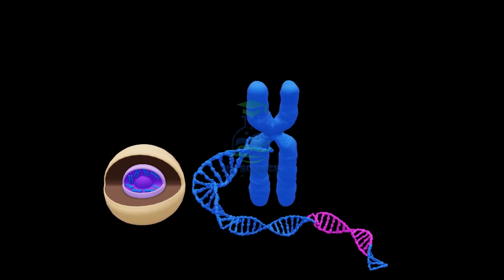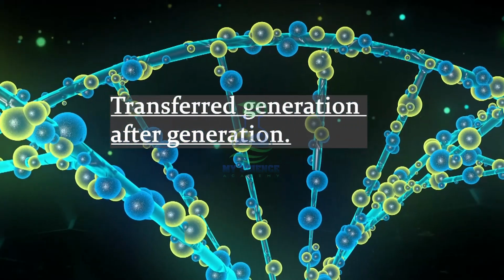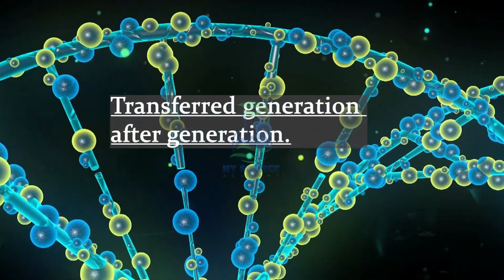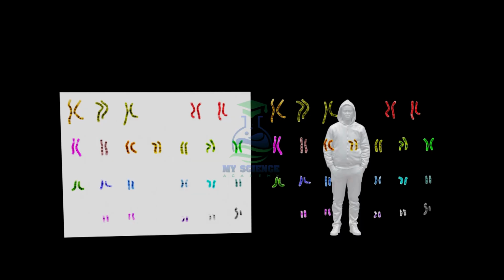All the information necessary for cellular activities is carried on the chromosomes in the form of genes. Genes containing this information are transferred generation after generation. The number of chromosomes remains constant generation after generation in all individuals of the same species.